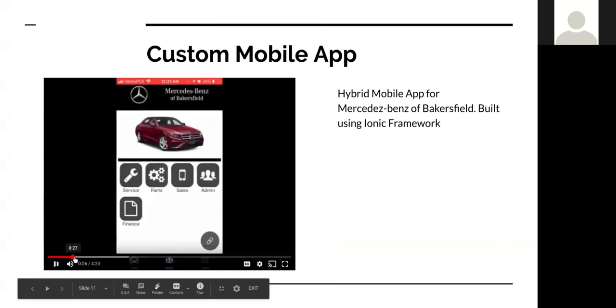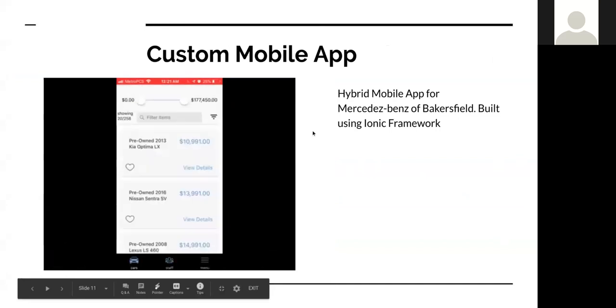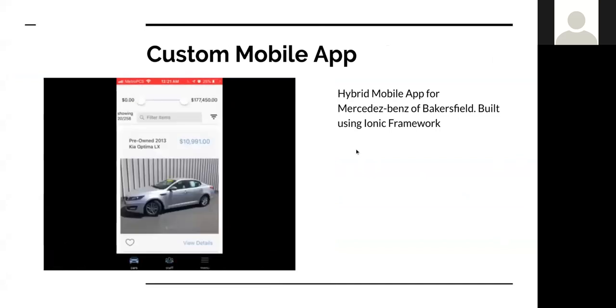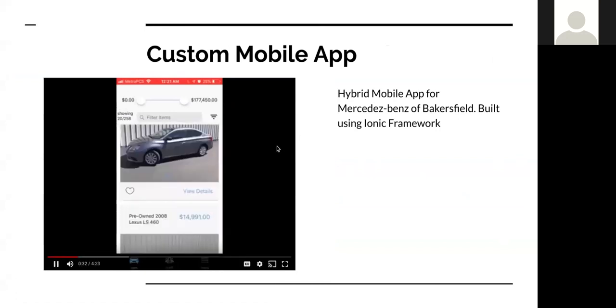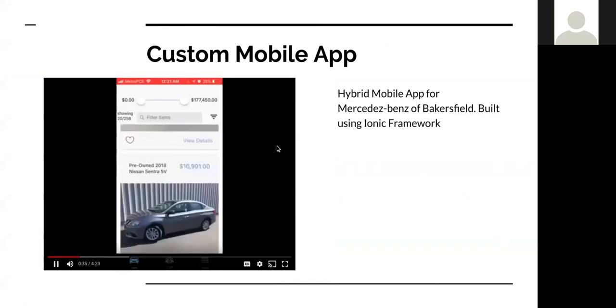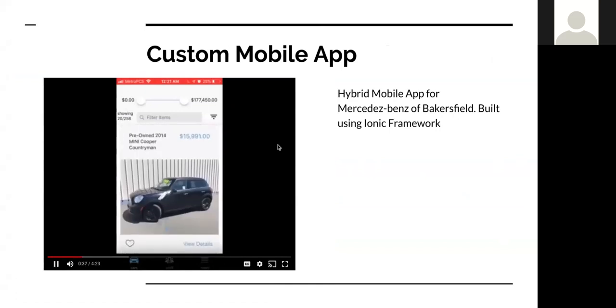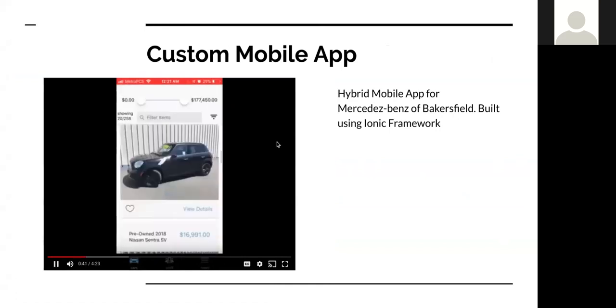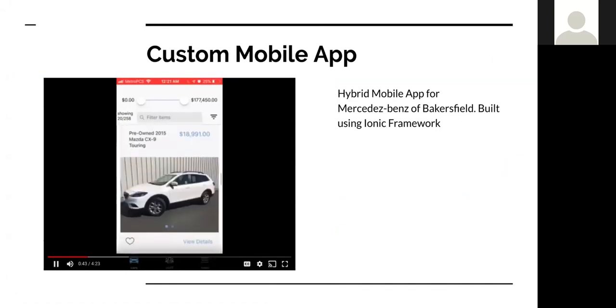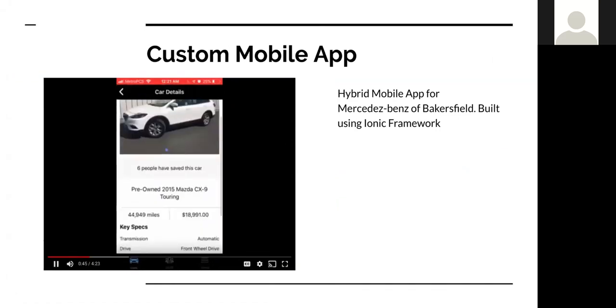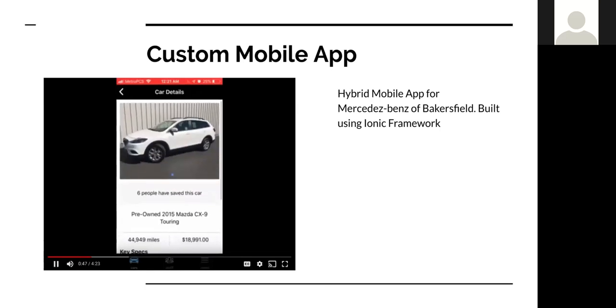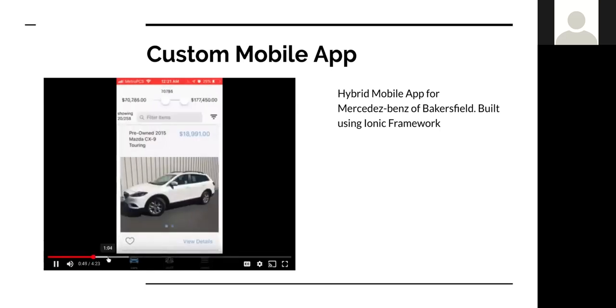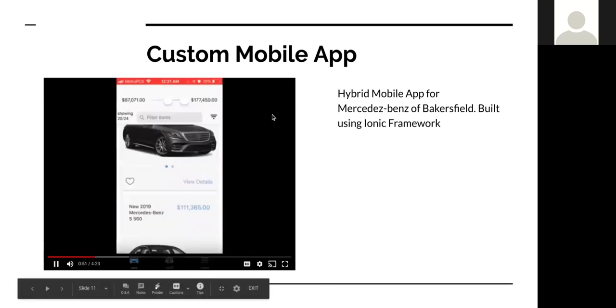Let's skip the login. It has the endless scroll similar to Instagram, and then you can favorite which cars you like and save them. And if you click on the vehicle, it shows all the vehicle's information. And then you can filter it by price.